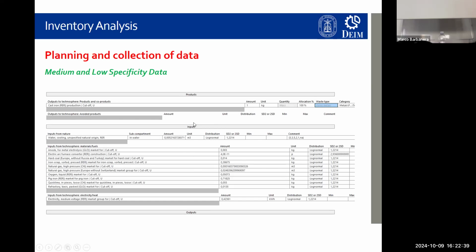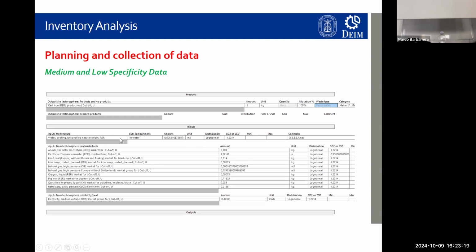In this example, in the inputs section, you can see the input data used for the construction of this process. For the production of 1 kilogram of cast iron, it's necessary to use, for example, 0.005 cubic meter of water, a particular water in this case, but it's not important for us at this moment to know which kind of water is used.